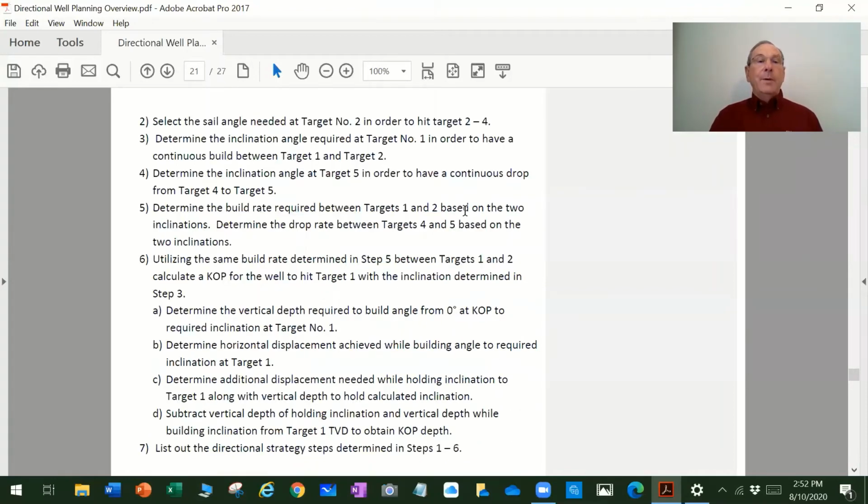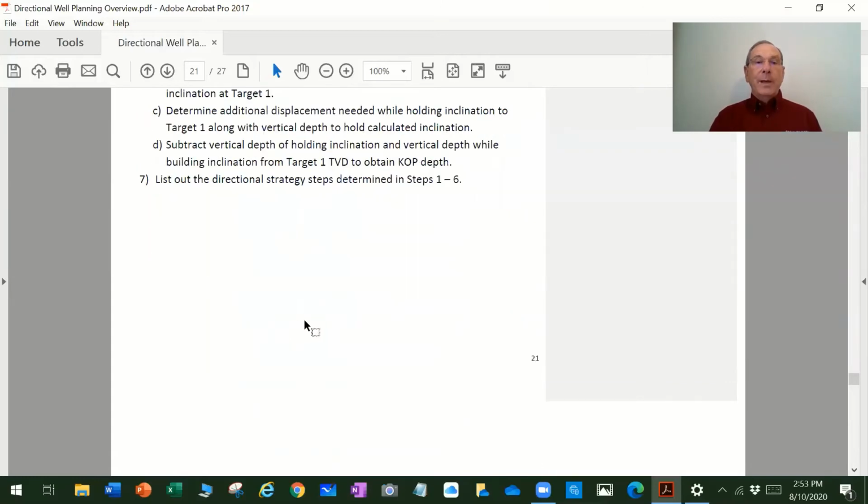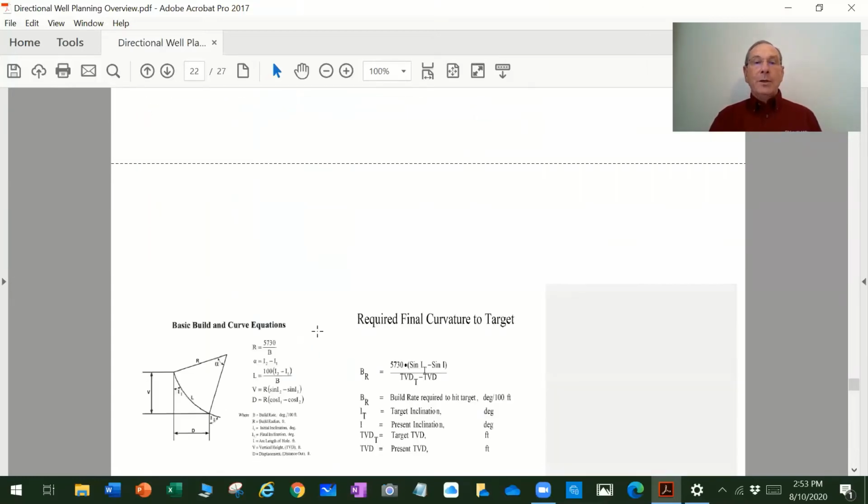And then step number 3 is to determine the inclination angle required at target number 1 in order to have a continuous build between target number 1 and target number 2. I won't continue to read the following steps because it's an example that we're getting ready to do, but I've got them listed there for information just so you would have it as your reference.